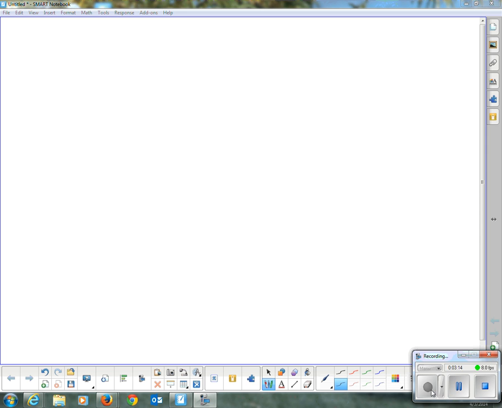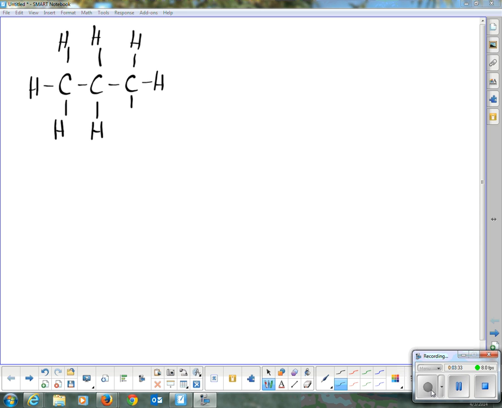If I have a 3-carbon chain, every carbon needs 4 bonds. So each bond that's coming off that's not part of the carbon chain is going to be a hydrogen. So we can write it like this. This is an expanded structure. You'll see me doing a lot of what's called skeletal structures, where we just worry about the carbon bonds, and the rest is assumed.